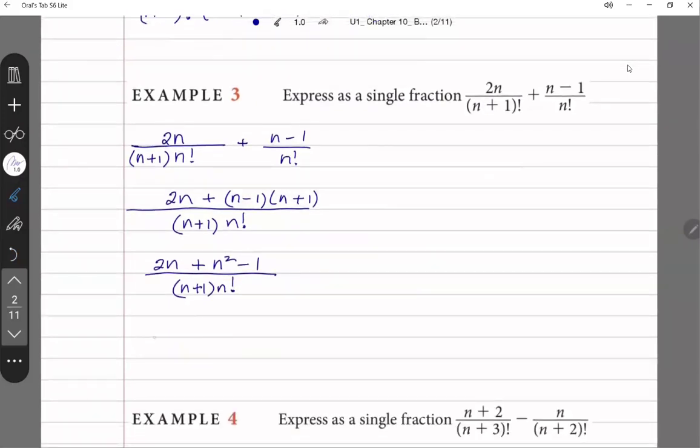Simplifying in the numerator, I'm going to have n squared plus 2n minus 1, which I don't think can factorize. And down by the bottom, we have n plus 1 times n factorial, which is actually n plus 1 factorial. We're told to simplify it, and that is what it simplifies to.